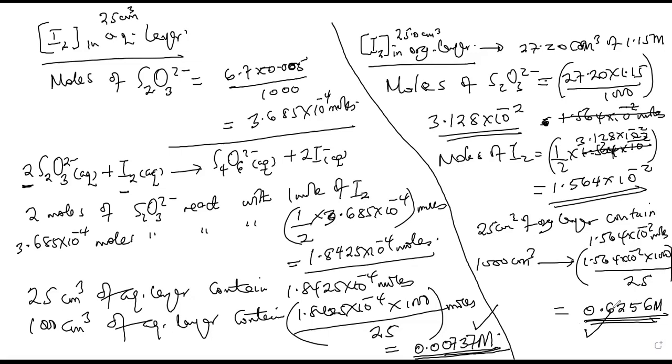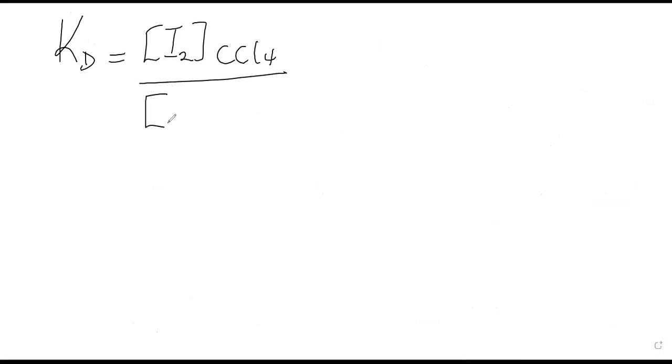But the question is asking for the distribution coefficient for iodine between carbon tetrachloride and water. Now they have begun with the carbon tetrachloride, so on the formula, you're going to say that Kd is equal to concentration of iodine in carbon tetrachloride out of concentration of iodine in water.